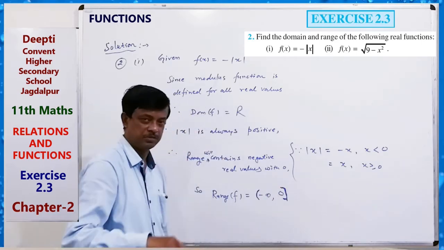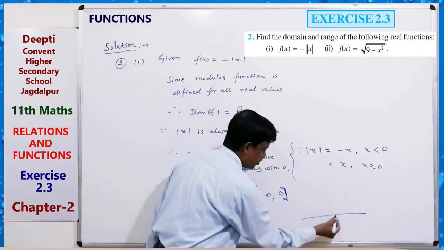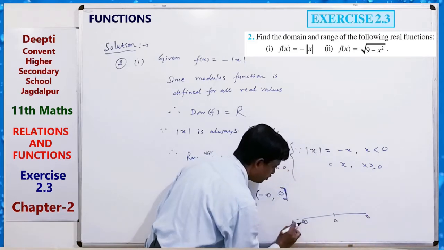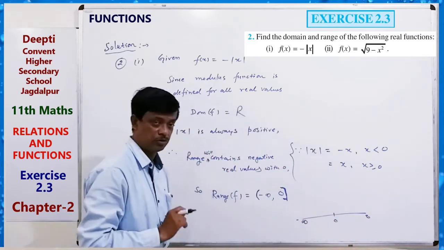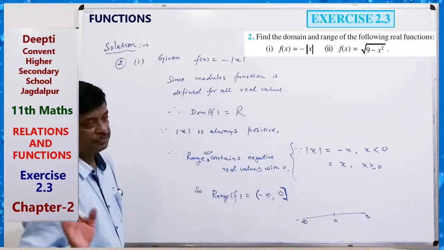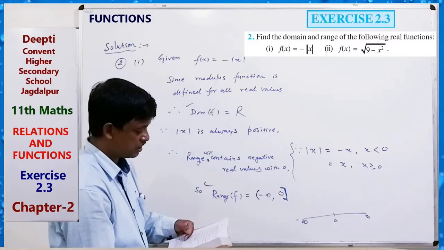All non-negative real numbers, minus infinity to 0. That is, we are drawing like this now: minus infinity to plus infinity, this is positive, this is negative. Minus infinity to 0, 0 may also be included. So this is the domain and this is the range.